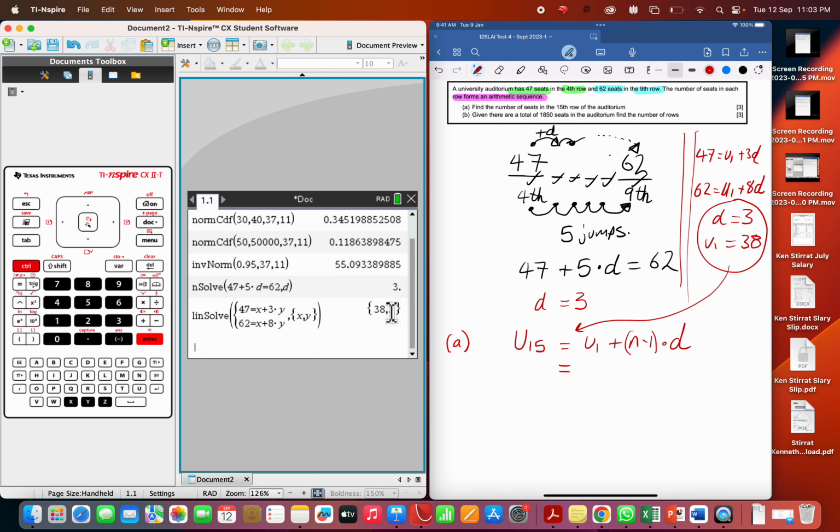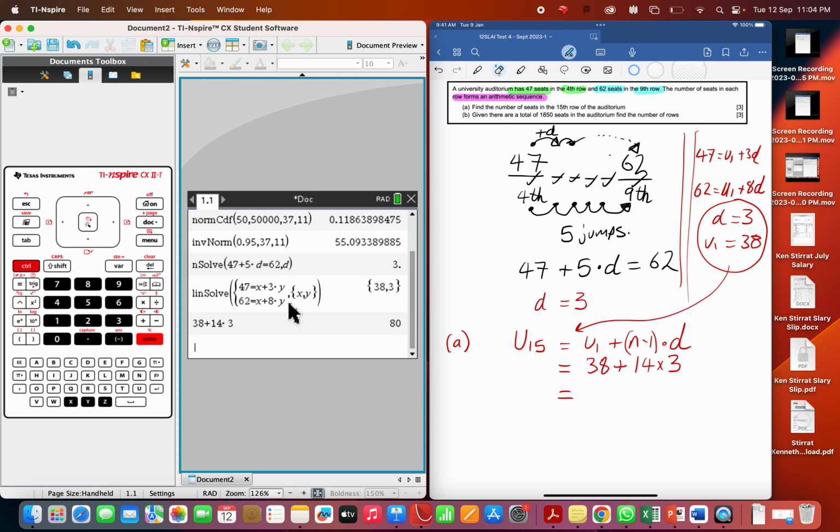So we can find that. u1 is 38 plus, with n being 15, 15 minus 1 is 14 times d. Let's type that in the calculator to make sure we've got the right answer: 38 plus 14 times 3. That's 80. Good.